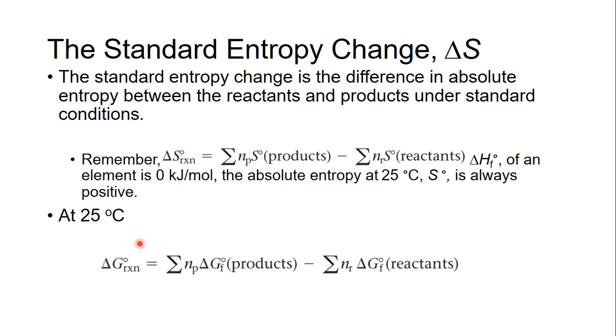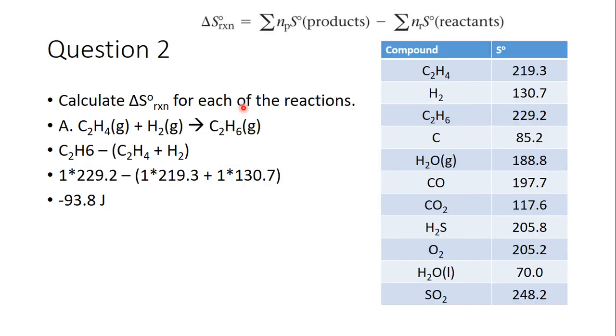It's similar to delta G of reaction. We can calculate the standard change in delta G if we know the formations, product minus reactants. But right now, we're just worried about S. Delta G equals delta H minus T delta S, but we're just going to focus on S right now. So calculate delta S of reaction for each of those reactions.